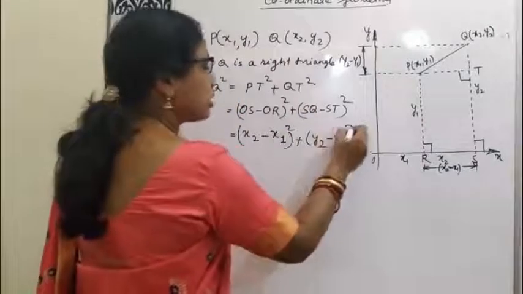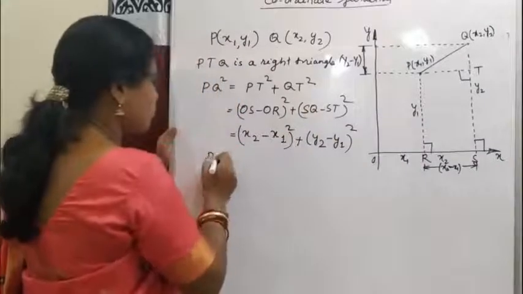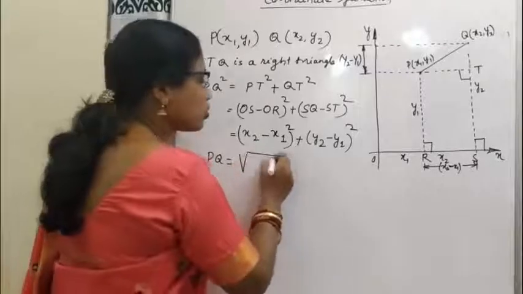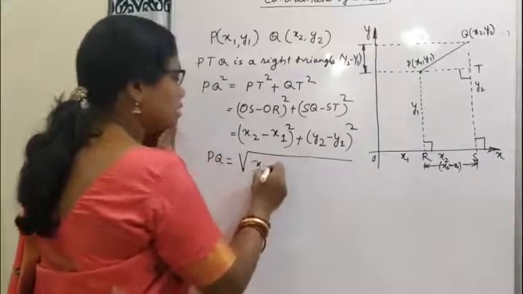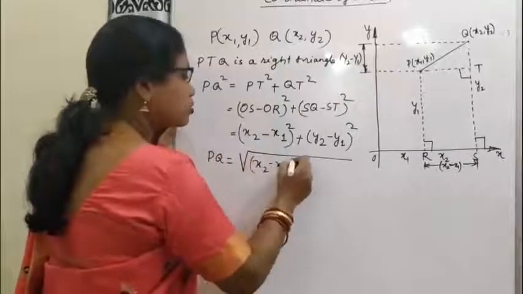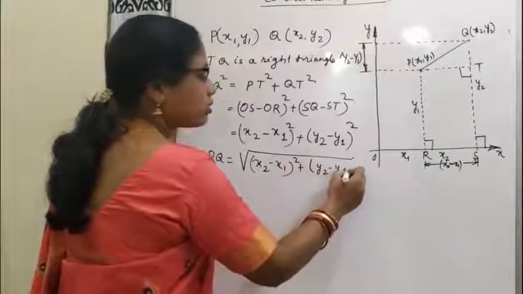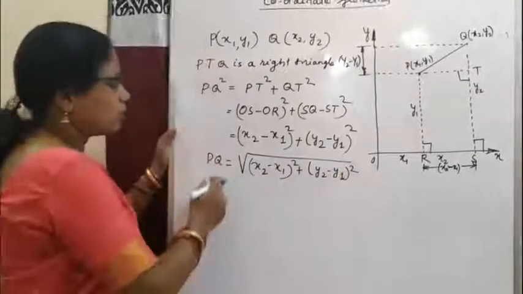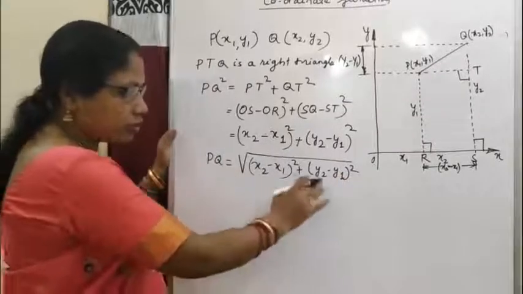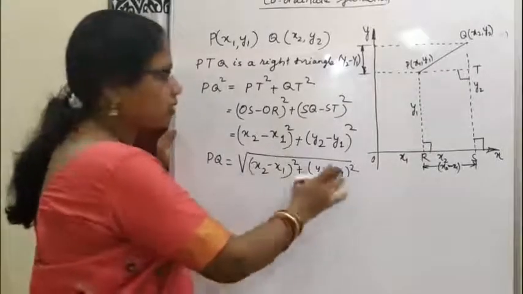So PQ is equal to square root of x2 minus x1 whole square plus y2 minus y1 whole square. This is the distance between 2 points if their coordinates are given.